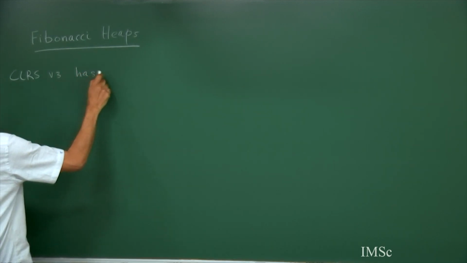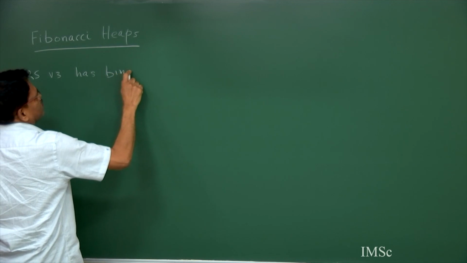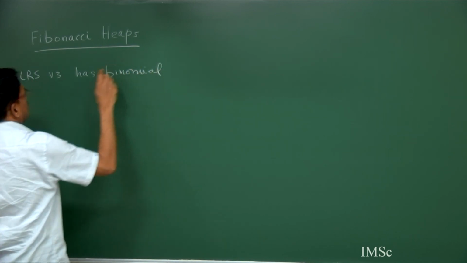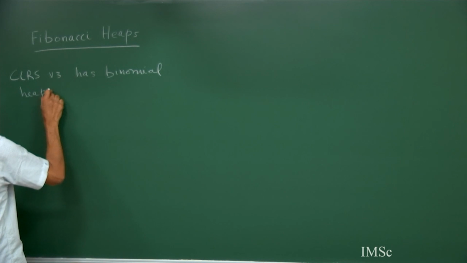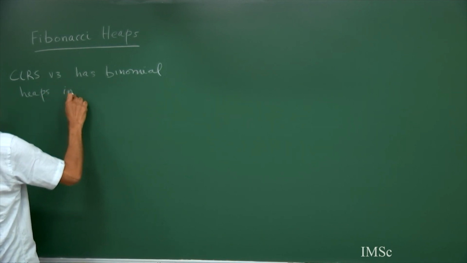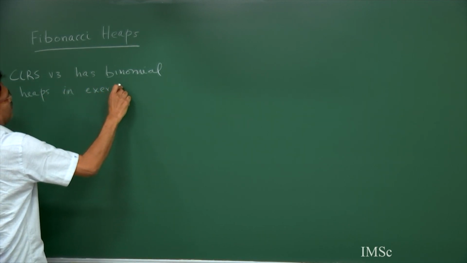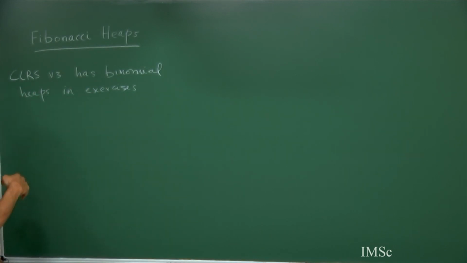It has binomial heaps in exercises. Right? But the description of Fibonacci heaps is independently given, so today's lecture will be somewhat like that. I felt it convenient to do binomial heap, so you get the hang of the amortized complexity of some of these operations.